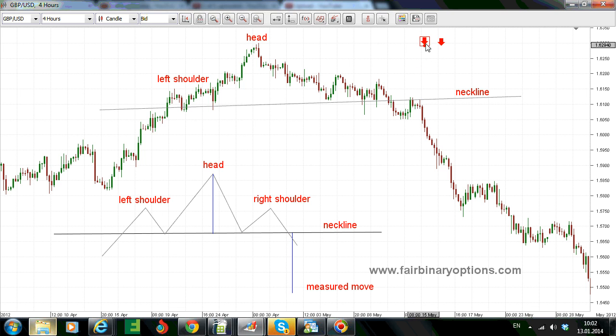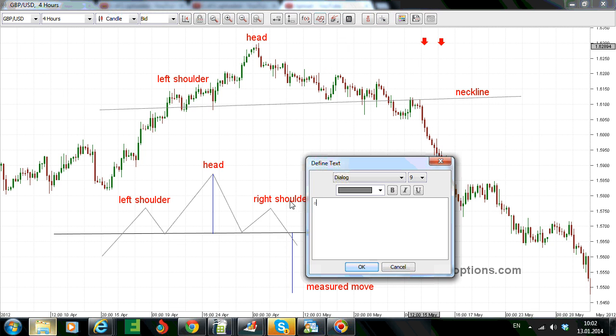I will write it on the chart so that you know what we are looking for: on such a pattern we are looking to buy only put options, so basically meaning price should go to the downside.